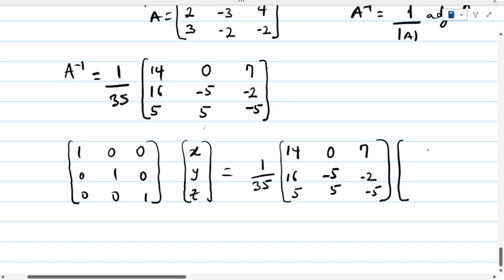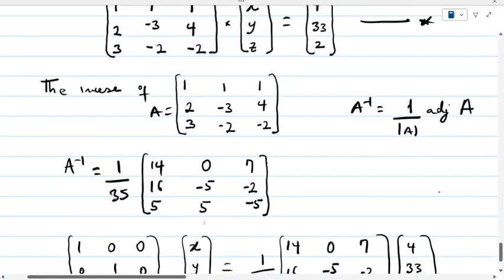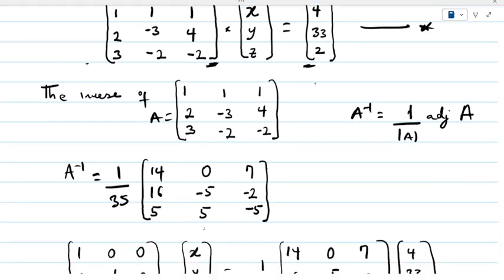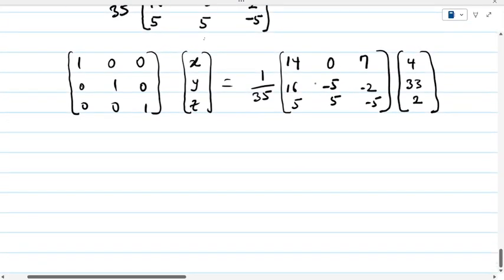Then our constants 4, 33 and 2. So what we just did is we multiply each side of this with the adjoint. We multiply this with the inverse, we are going to have unit matrix. Then we also multiply it with this. So let's see what you are going to have.